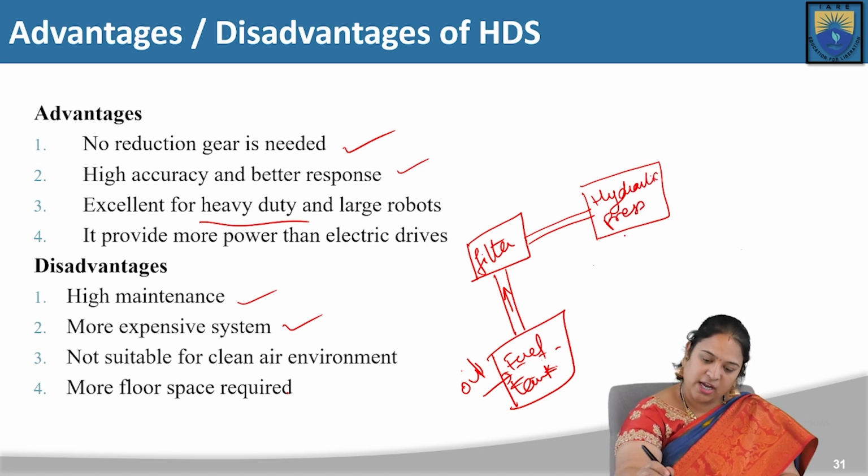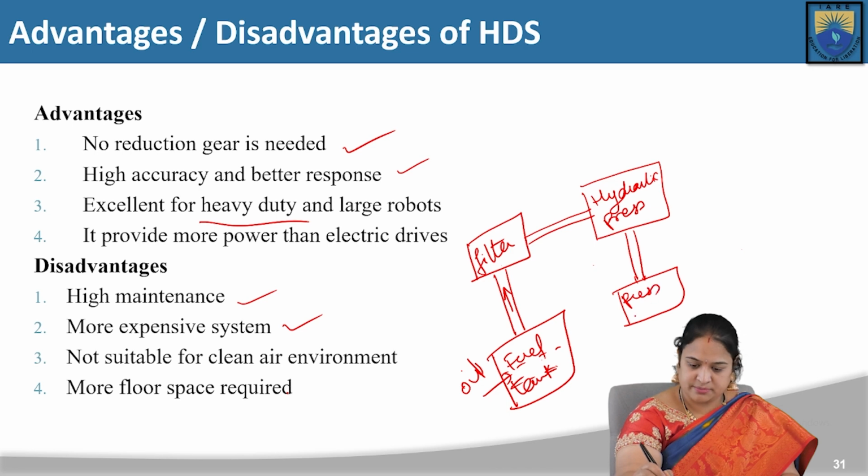We are sending that into the hydraulic pressure. So here what is happening? The oil is being compressed, and this compressed oil is sent into the pressure regulator. What is happening in the pressure regulator?